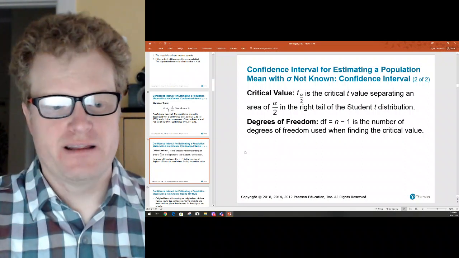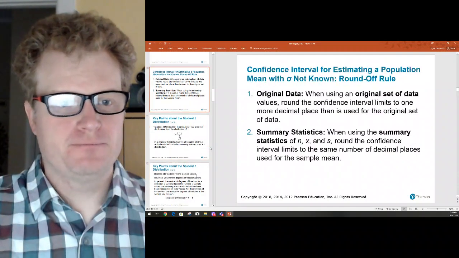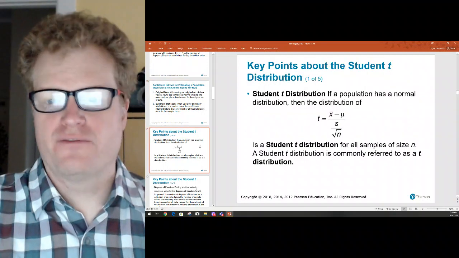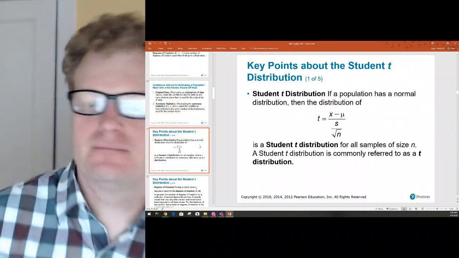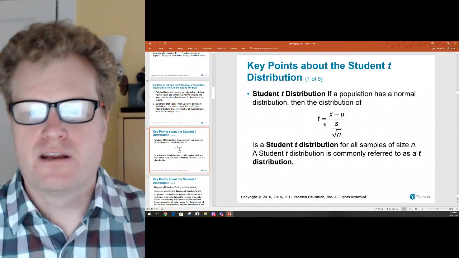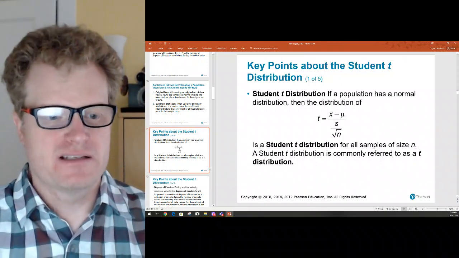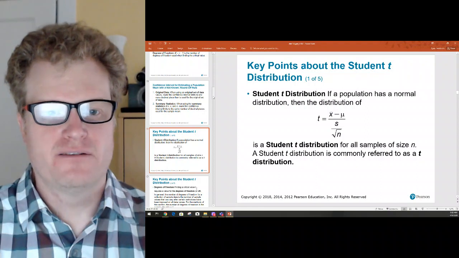So here's a slide that comes up with that. Now to find out the actual value of our t, we can use this formula here. But again, we're going to make StatCrunch do the heavy lifting for us.